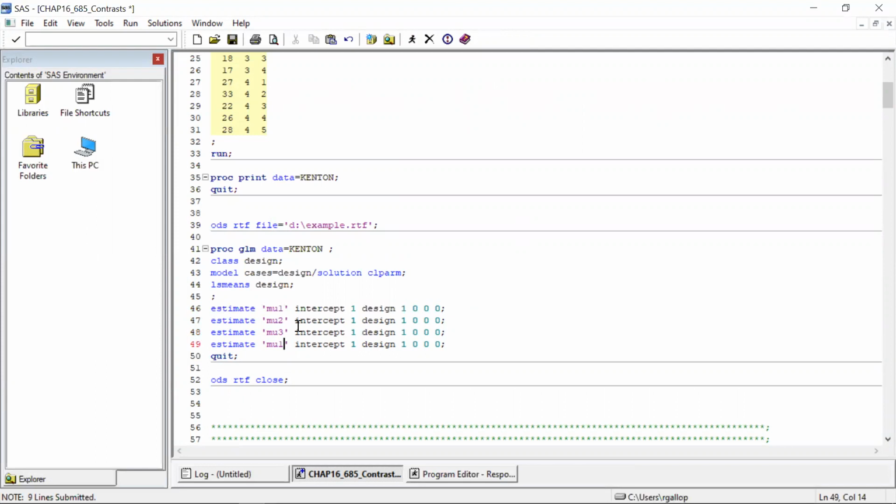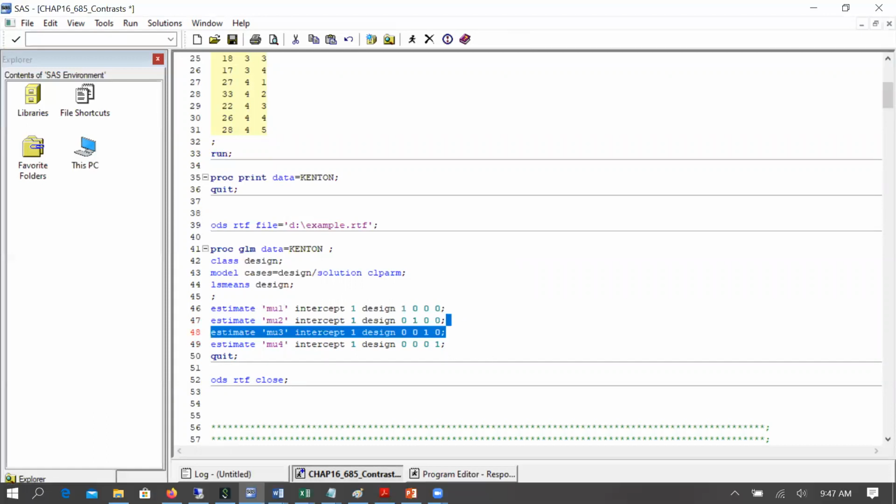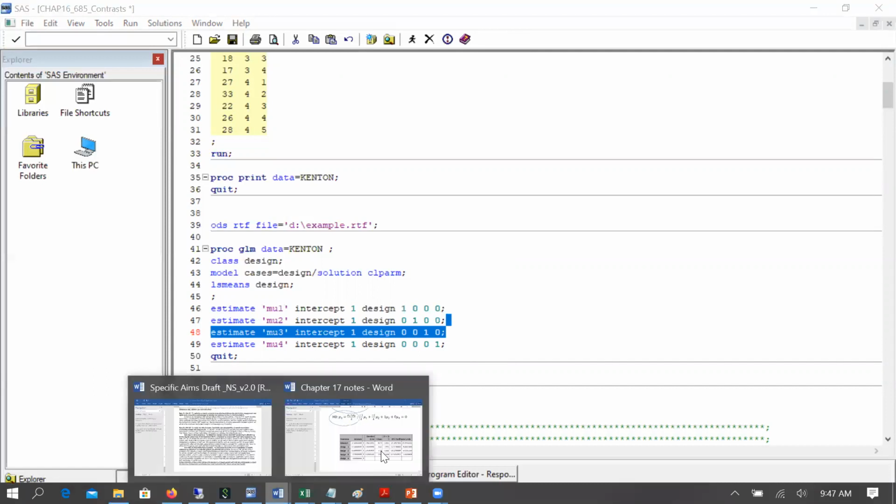So for design 2, 3, and 4, it's going to work this way. It's still 1 times the intercept, but for design 2, I use the second coefficient. Design 3, the third coefficient. Design 4, the fourth coefficient of design. So again, we focus on design 3. I go back here to Word.